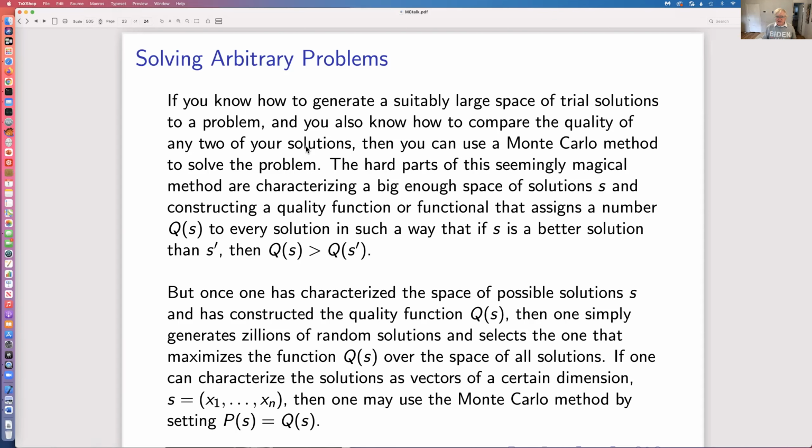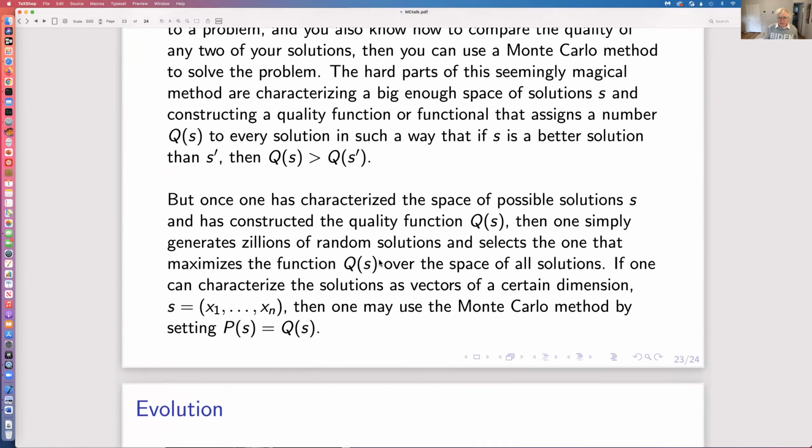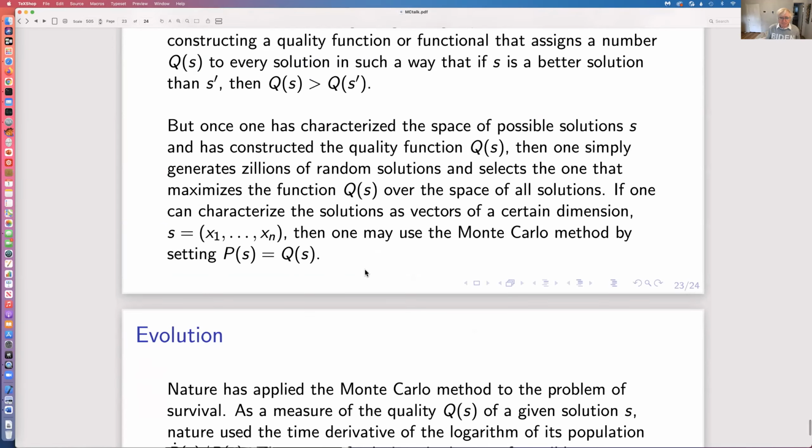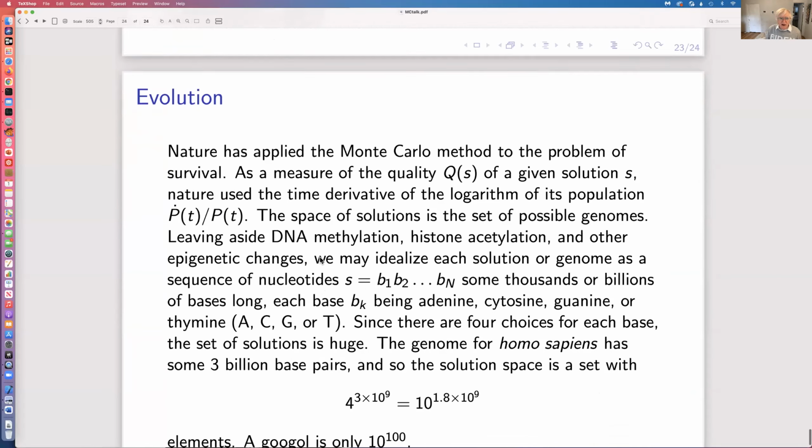If you have your quality function Q of S, which is the criterion of when a solution is better or worse, you just use the Metropolis step based on this quality of the solution. Once you have Q of S formulated, you just generate zillions of random solutions and select the one that maximizes Q over the whole space. You use P of S as Q of S. You just set P of S equal to Q of S.